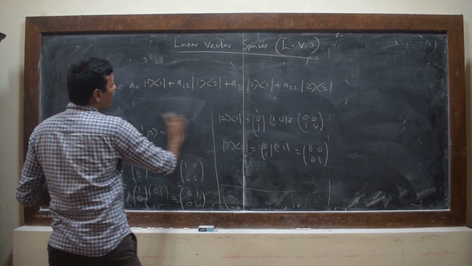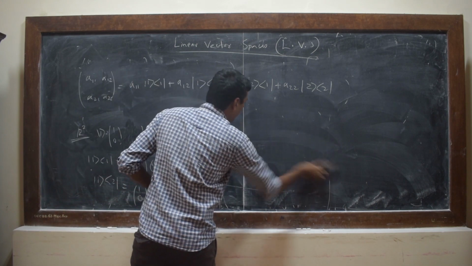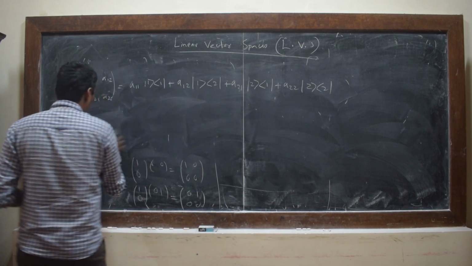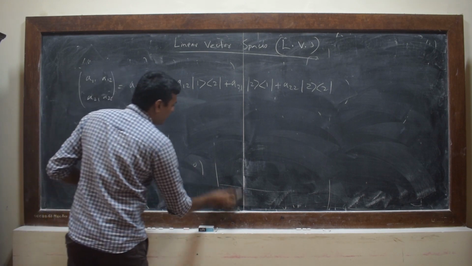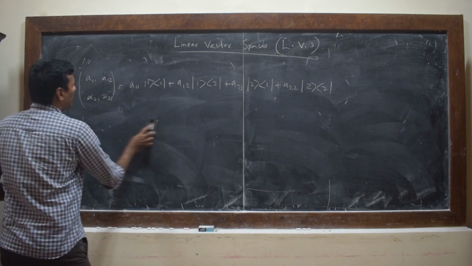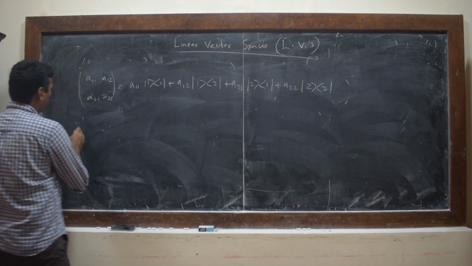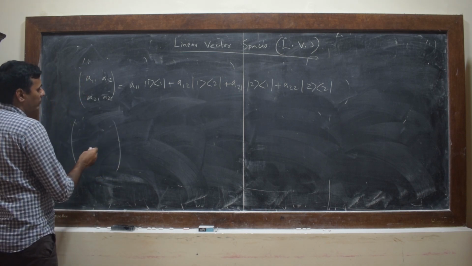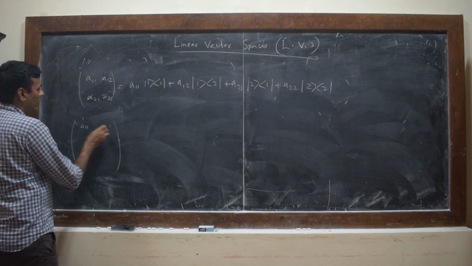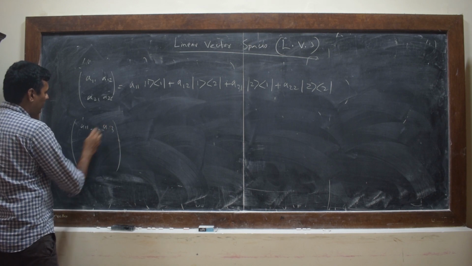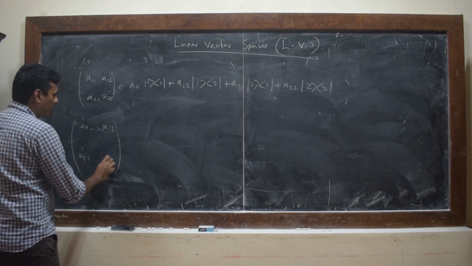This is the case of a 2D matrix, but for example for a 3 cross 3 matrix you can write in the basis A11 through A33.